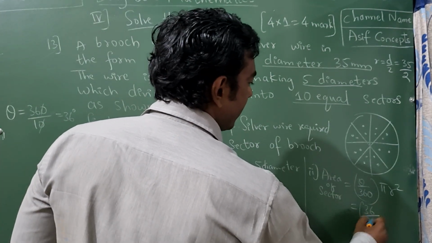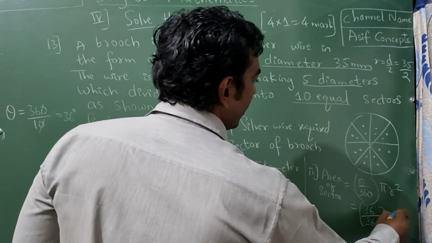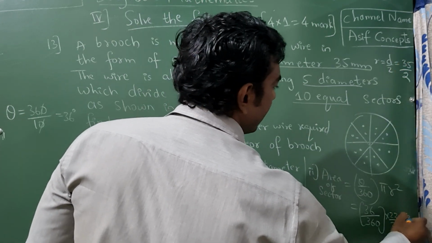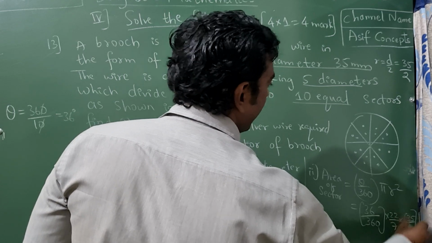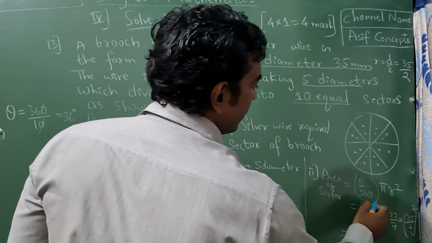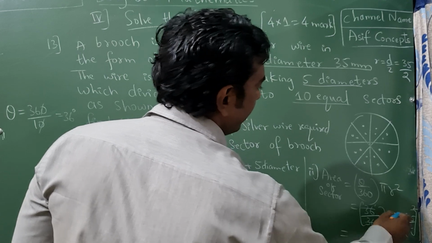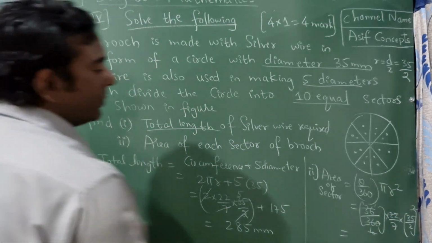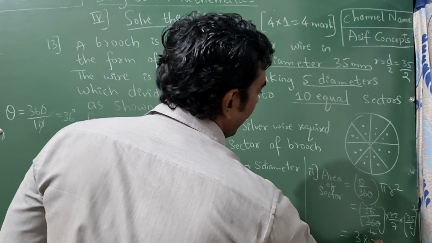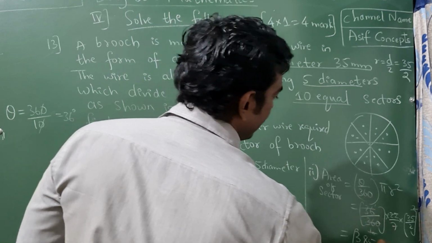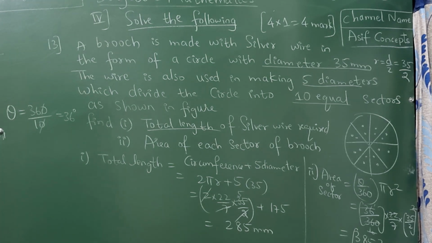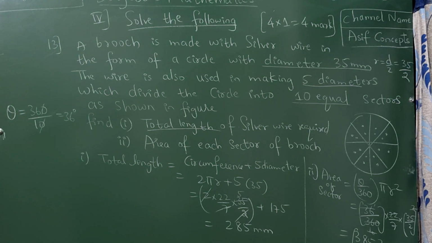So 36 divided by 360, 22 by 7, r value is 35 by 2 whole square. If you calculate this, you will get 385 by 4. Since it is an area, it will be mm square. So this completes your entire solution of exam 5.